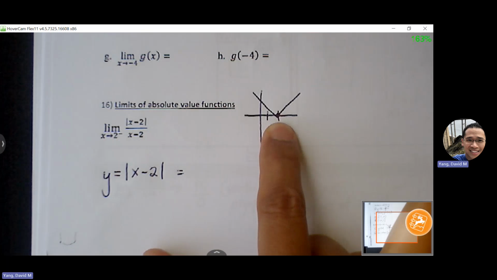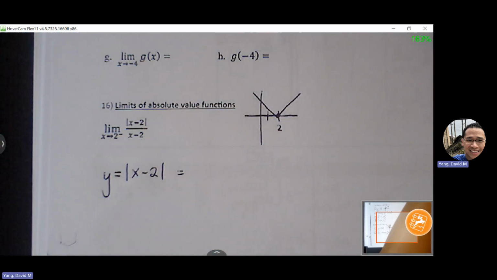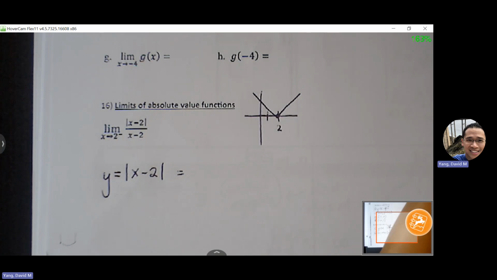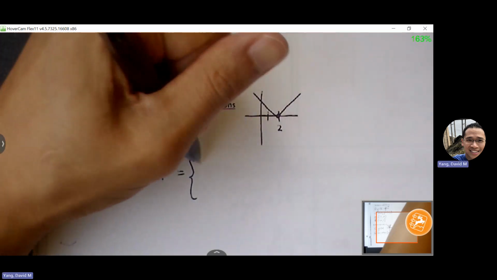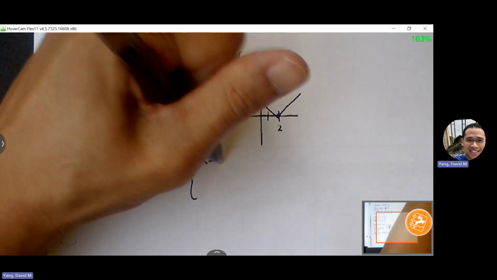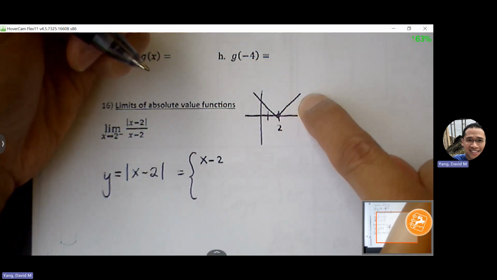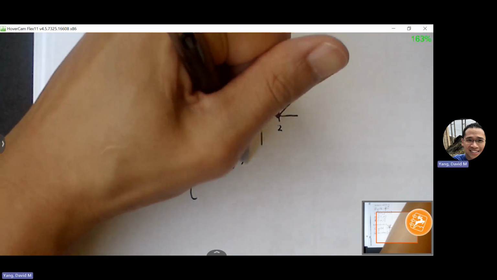And we can think of this as a merging of two linear graphs, one with a positive slope, the other with a negative slope, with the two graphs having a certain ending and starting point. So we can think of the absolute value of x minus 2 as x minus 2. This represents the portion of the graph with a positive slope, but we only want to show this positive slope graph to the right of 2.